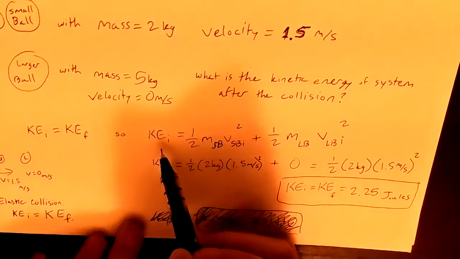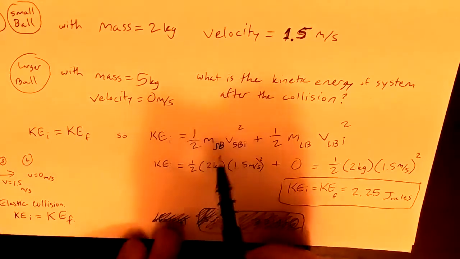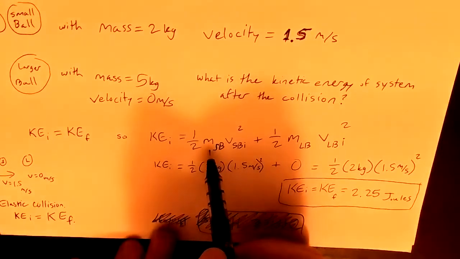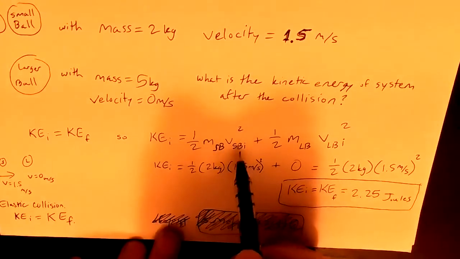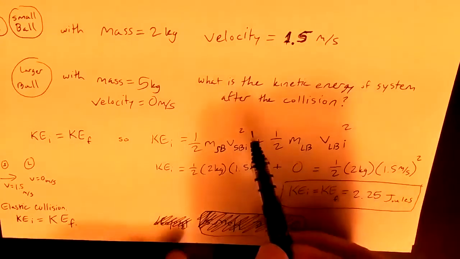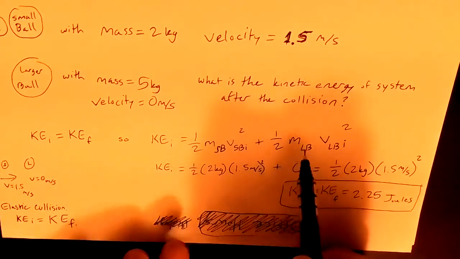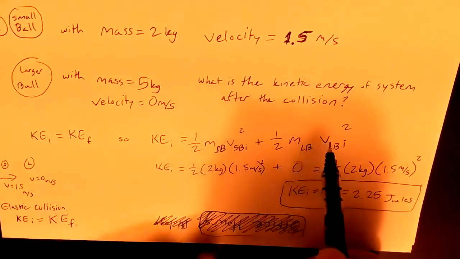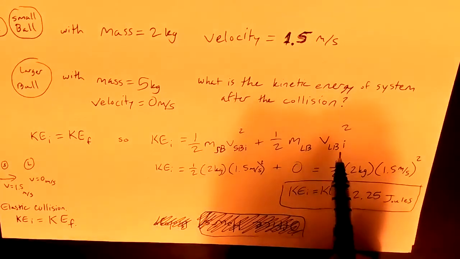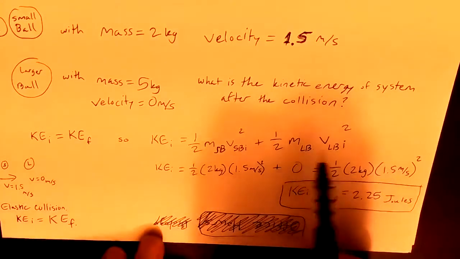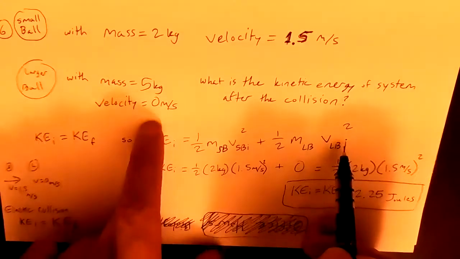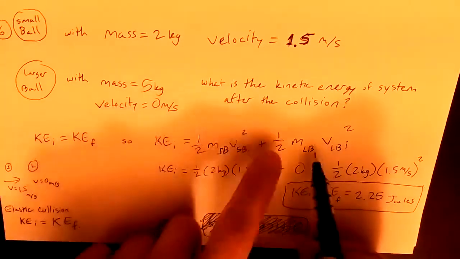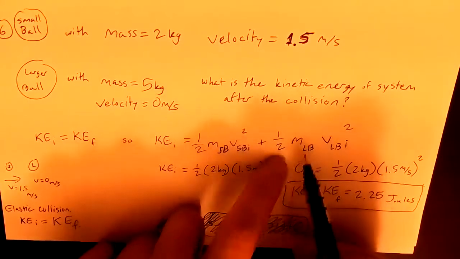So here we have the initial kinetic energy equals 1/2 the mass of the small ball times the velocity of the small ball initially squared, plus 1/2 times the mass of the large ball times the velocity of the large ball squared initially. But this is 0, right? Because it was at rest initially. So we can cross that out.